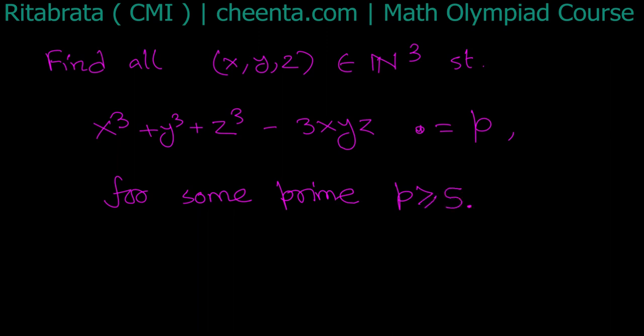Do this on your own. You can try the factoring method to solve this. Once you have solved this, you can type your solution in the comment box. And if you like this type of problem, like solving Diophantine equations, you can keep yourself updated on this channel.